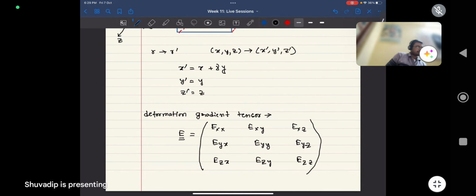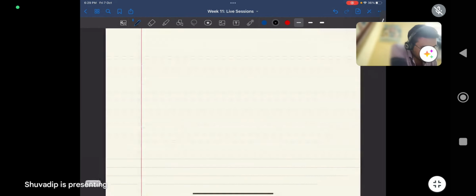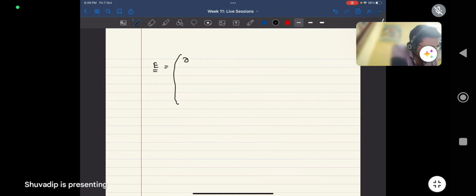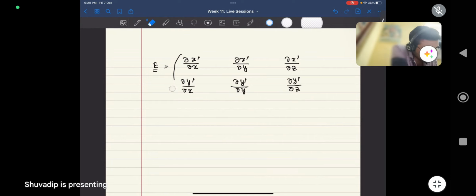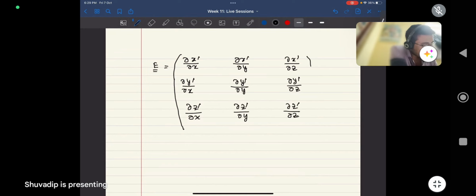Now, how is it defined? The terms of E are defined as del x prime del x, del x prime del y, del x prime del z, del y prime del x, del y prime del y, del y prime del z, del z prime del x, del z prime del y, and del z prime del z. So this is the deformation gradient tensor.